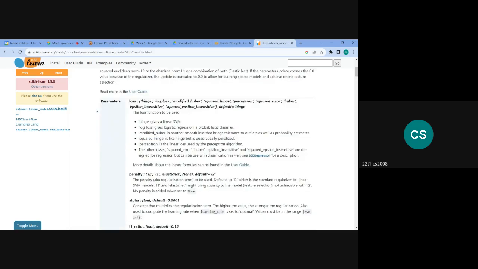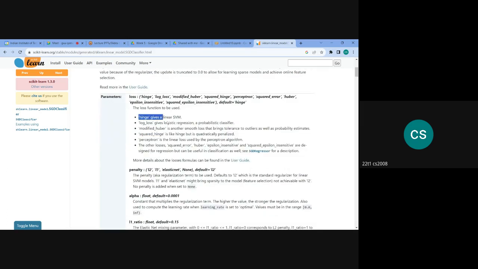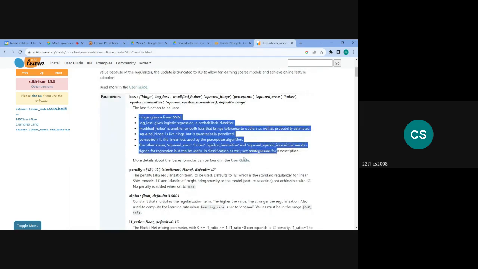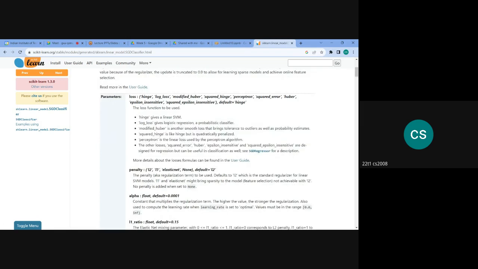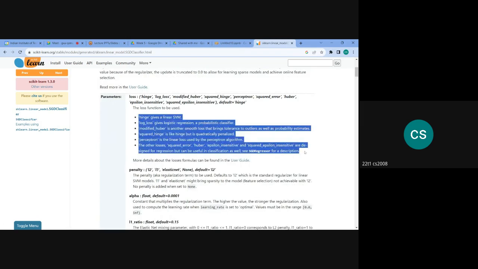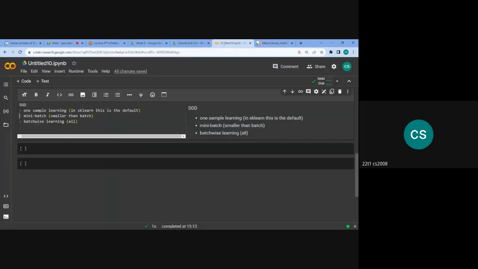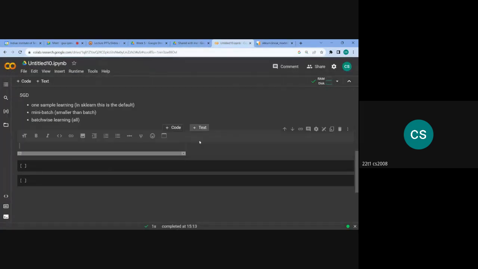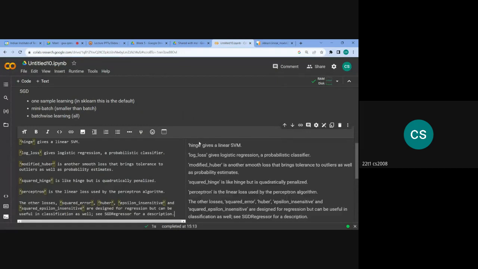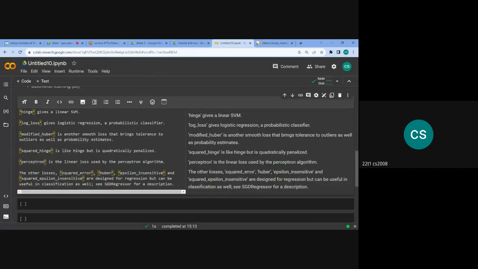Not much, but this is an important one: how to write these different kinds of algorithms using SVM. If you want to write SVM with SGD, how do you write that?